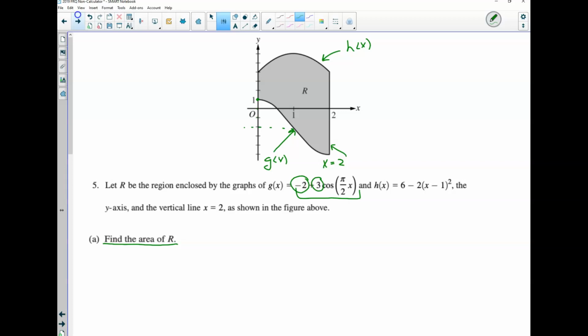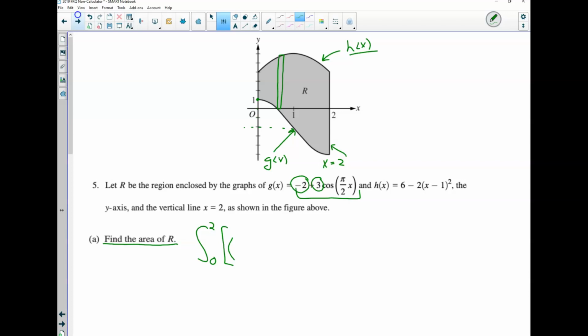Well, the integral, because my rectangles are vertical and I can capture top and bottom, I'm going to be in terms of x. So I'm going to integrate from 0 to 2 of, what's my top curve?